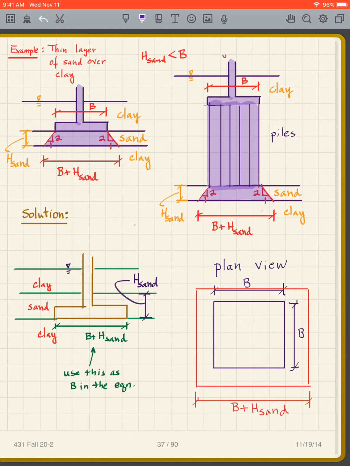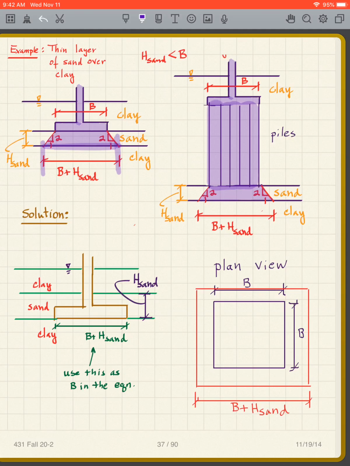what they find is that the thing doesn't punch straight down. It really, if you tried punching through, it spreads out at a 2-to-1 ratio. So in other words, I get this region here that would fail that would actually punch into this clay layer.